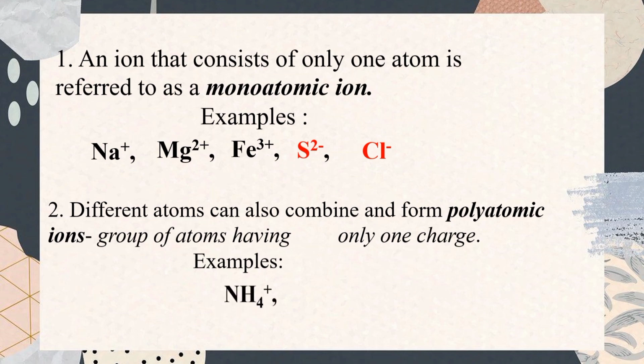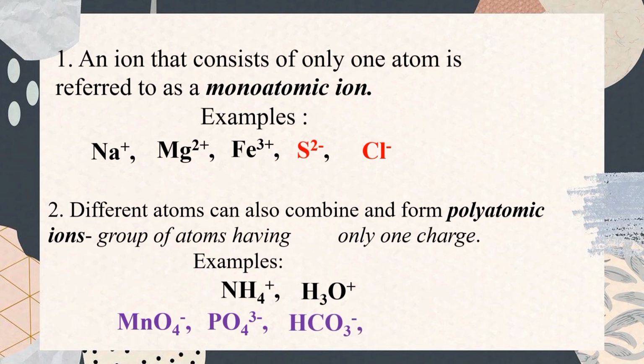Examples are ammonium with positive 1 charge, hydronium with positive 1 charge, permanganate with negative 1 charge, phosphate with negative 3 charge, bicarbonate with negative 1 charge, and thiocyanate with negative 1 charge.